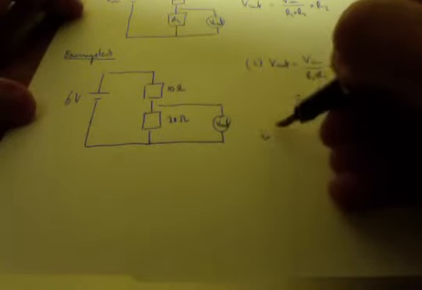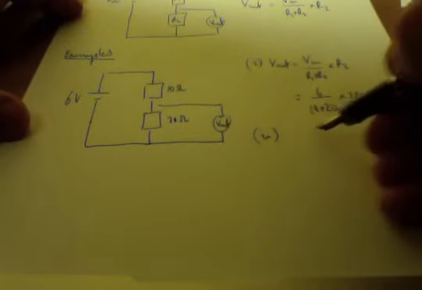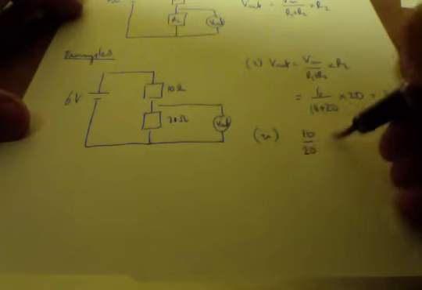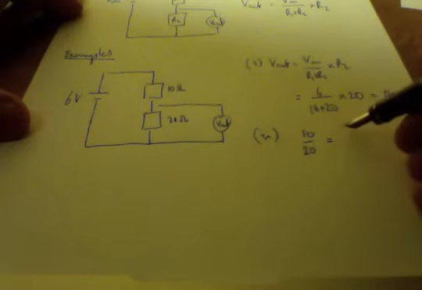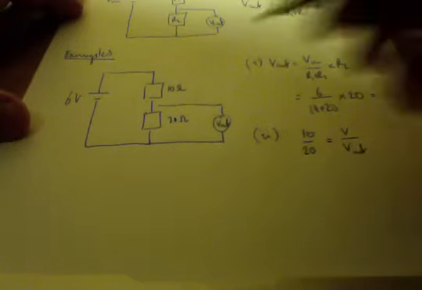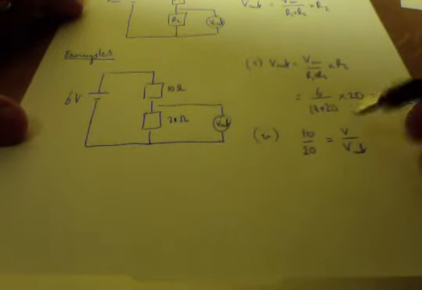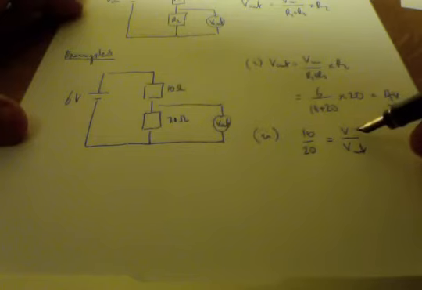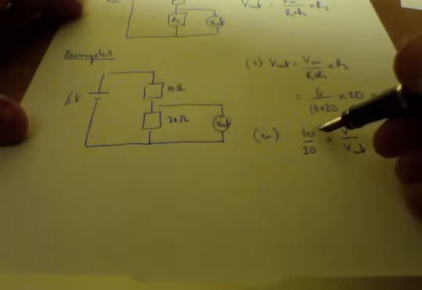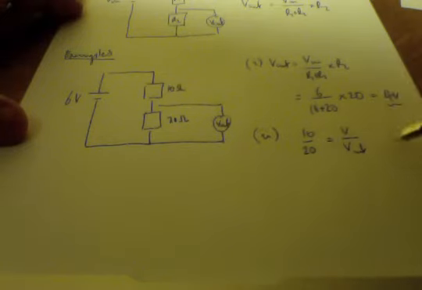However, if we want to do it by ratios, we could simply say to ourselves that 10 over 20 must be the same as, say, V over V out. So this is V. But I know that these two must add together to equal 6. So I'm looking for one is a ratio of 2 to the other. So therefore V out.